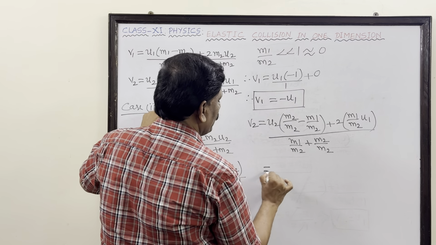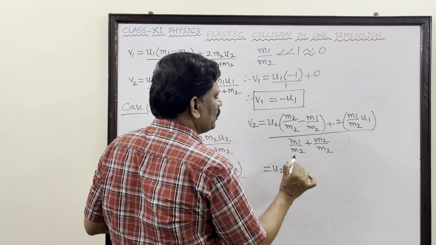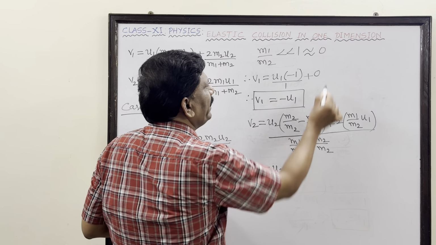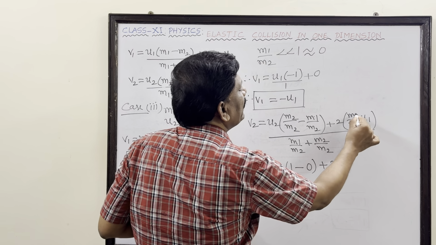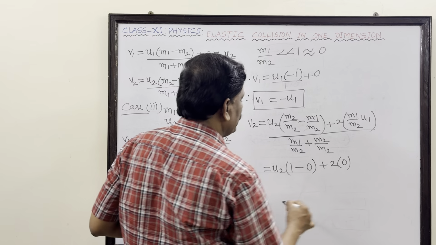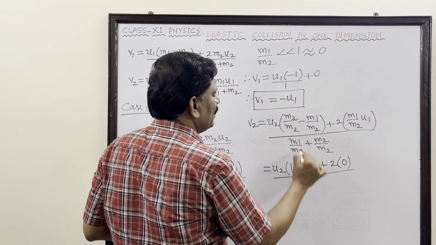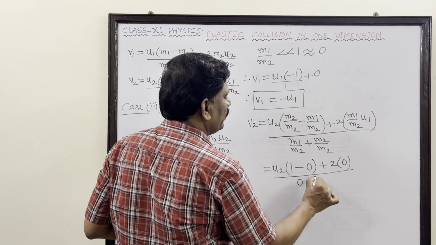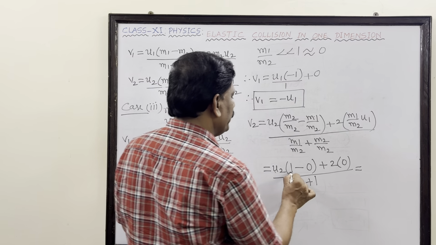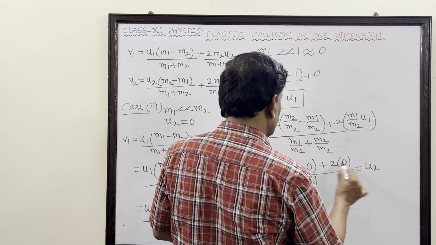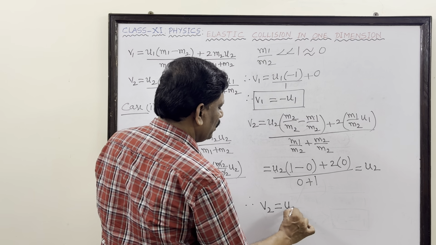So this is equal to u2 into (m2 by m2 is 1, and minus m1 by m2 is 0) plus 2 into m1 by m2, which is 0, so 2 into 0, divided by, 0 plus m2 by m2 which is 1. So this is now equal to u2 into 1. Therefore v2 is equal to u2.